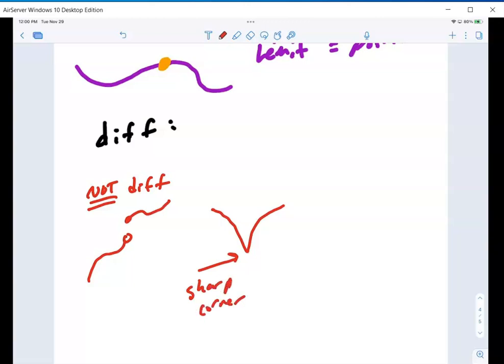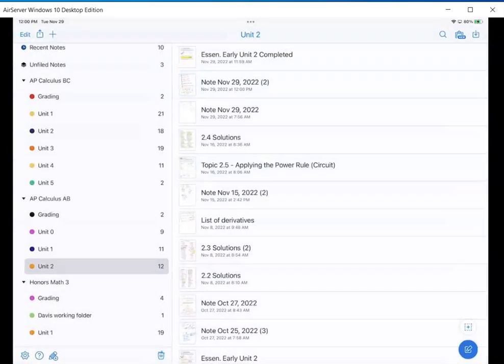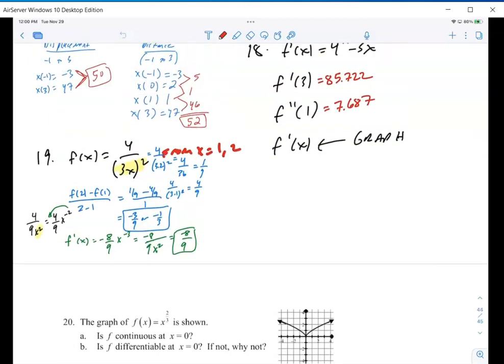It's not differentiable. Or basically, if you're going from the left and the right and the 2 sides don't meet up, it's not differentiable. Okay? So if the left derivative does not equal the right derivative, it's not differentiable. All right, so let's take a look at some more questions on this.